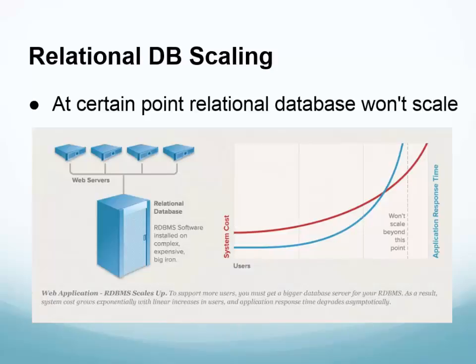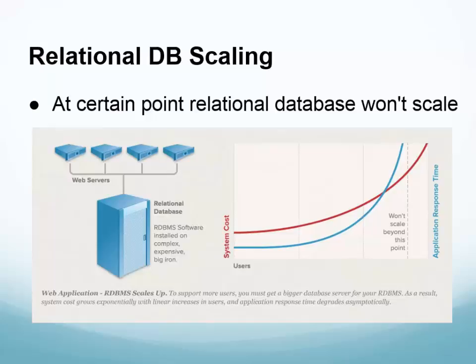Then relational database scaling. At a certain point, a relational database won't scale anymore. There is a limit to what we can put in as storage, what we can put in as RAM, or what our server's processing capabilities are.